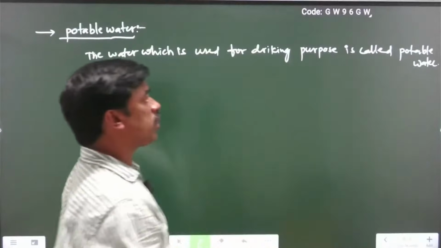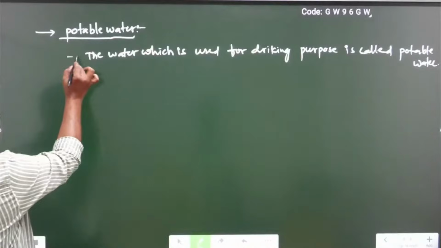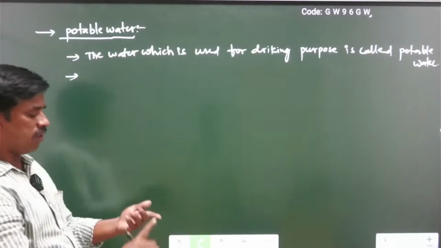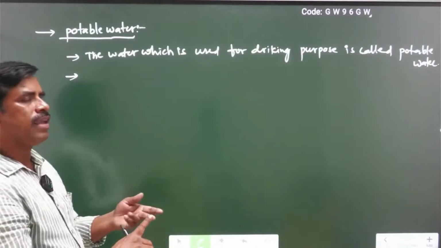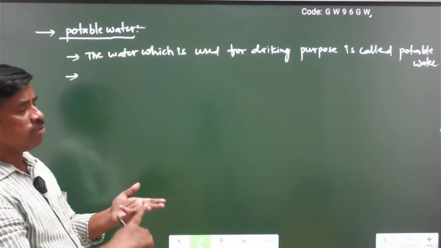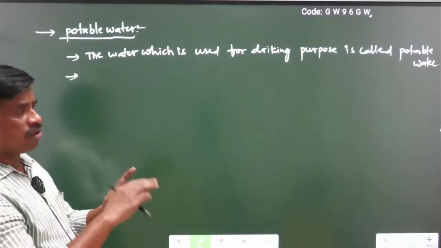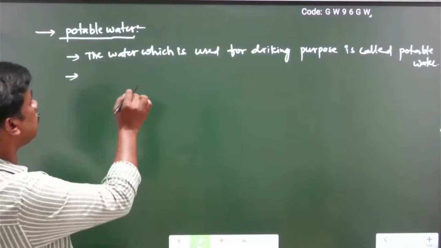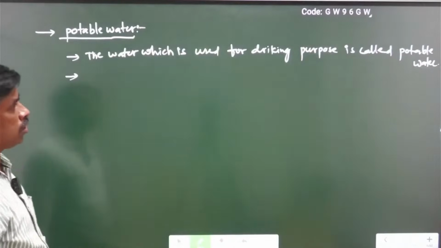Before treating it as potable water, we need to remove dissolved contaminants compulsorily. Dissolved contaminants like calcium and magnesium salts, any other impurities, sand impurities, mud impurities, etc. All impurities are removed from the water. Then only is the water treated as potable water.